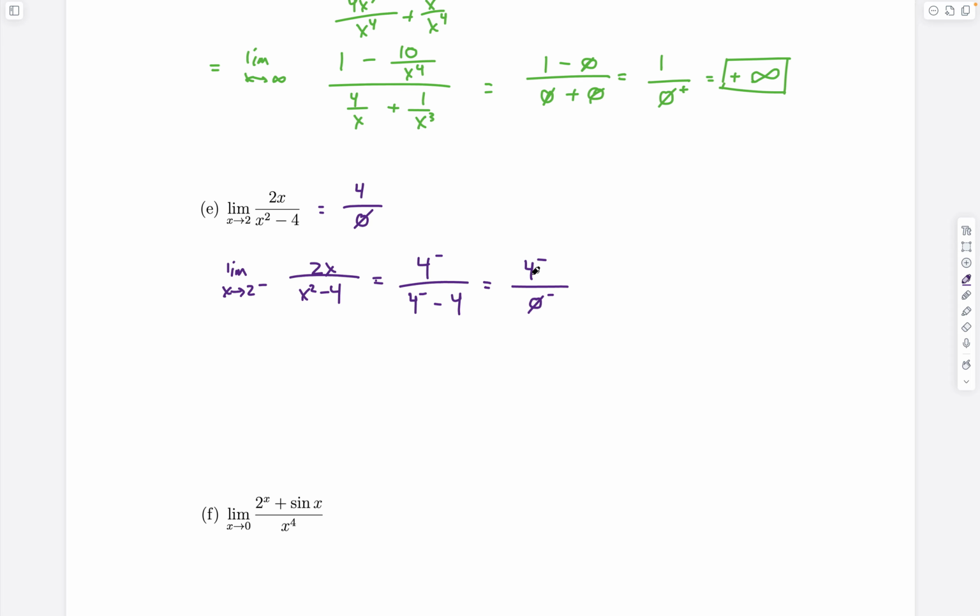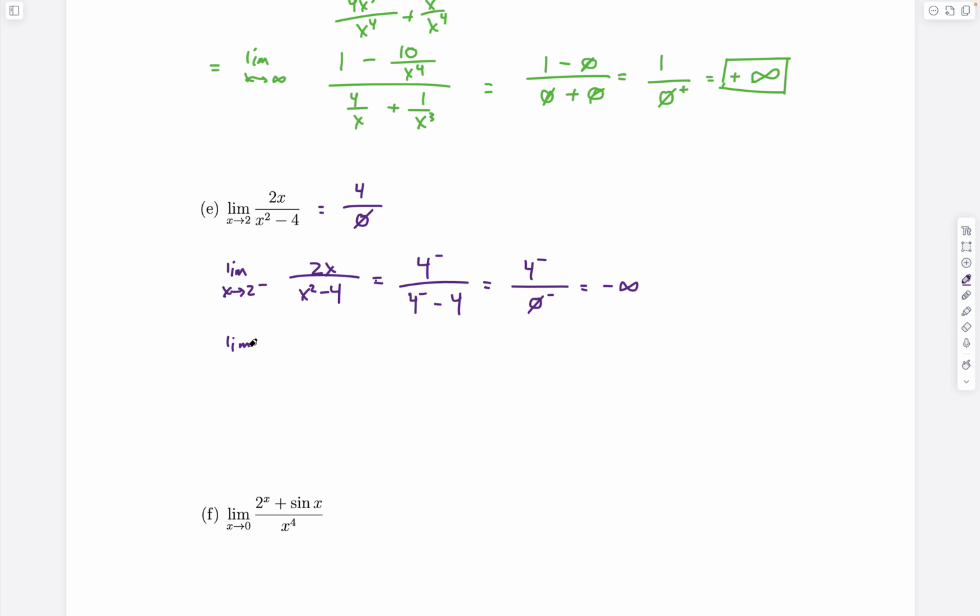And what happens when I take 4 from the left and I divide it by 0 from the left? 4 over 0, of course, goes to infinity. We've talked about how a number over 0 pushes to some infinite value. And then the sign, of course, positive on the top, negative on the bottom. We get negative infinity.